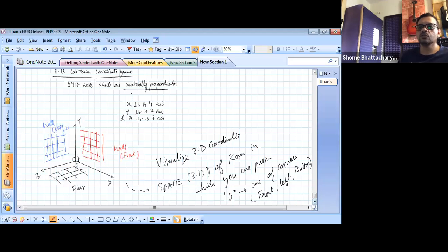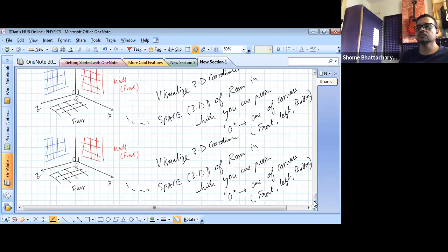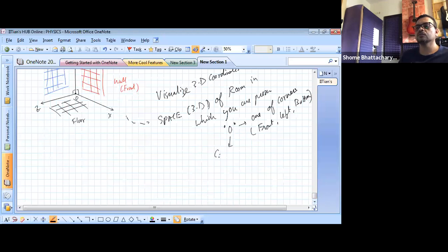Okay. So it's a corner between two walls. So the origin here is basically, it is a corner between two perpendicular walls, okay, and the floor. Okay. Which perpendicular walls? The one in front and left side.